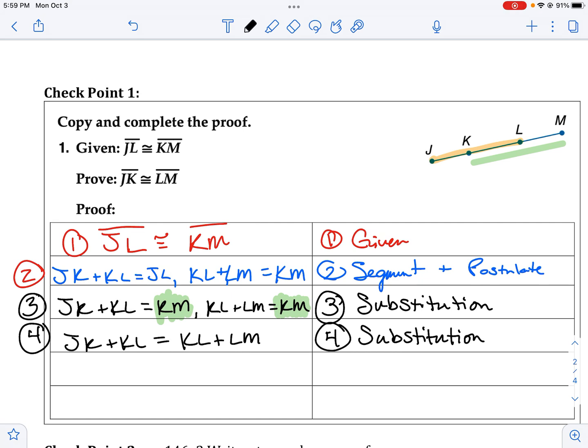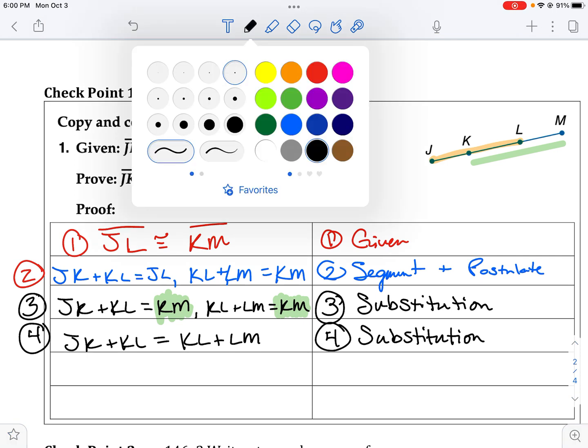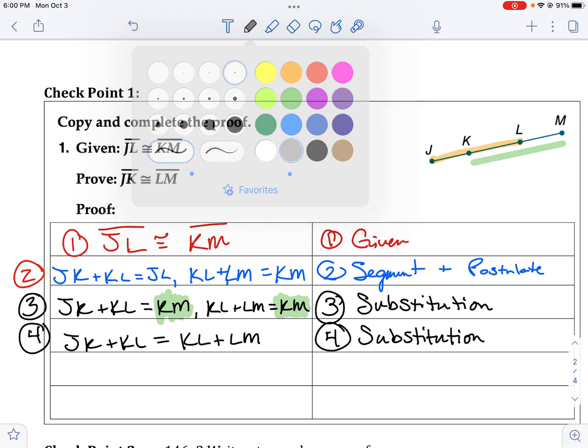You could also make a case for calling that the transitive property, if you want to say that A equals KM and KM equals something else, then A equals C. So you could call that substitution. I would also accept transitive property.